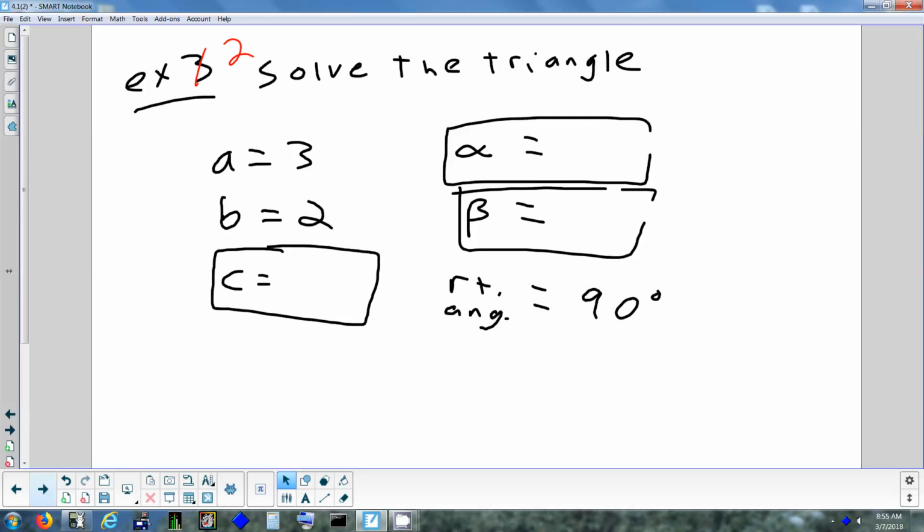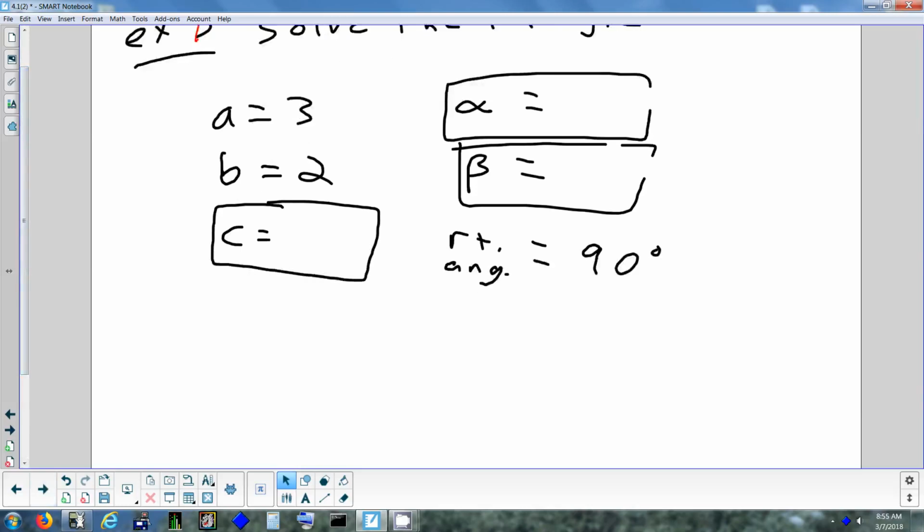So let's find C. Can you set it up for me, Kyle? Absolutely. So 3 squared, which is 9, plus 2 squared, which is 4, equals 13. Well, we need a variable in there somewhere. So we can do that, but what is that equal?